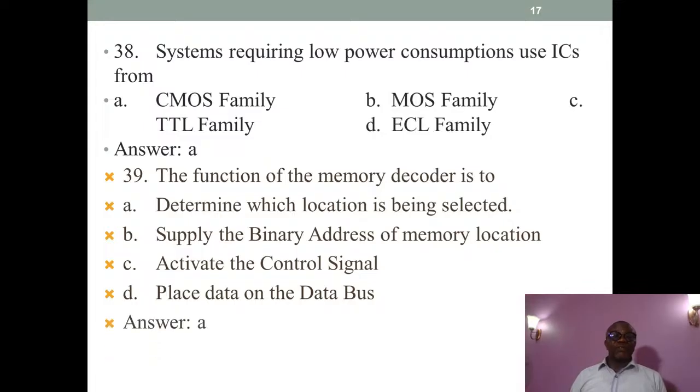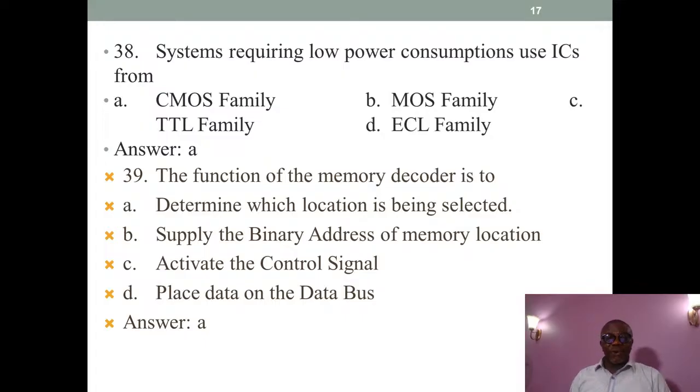The primary function of the memory decoder, like we have seen before in our today's lecture, is that it uses the row and the column decoders or decoding lines to select the particular memory chip that you want to access, either to write into or read from.